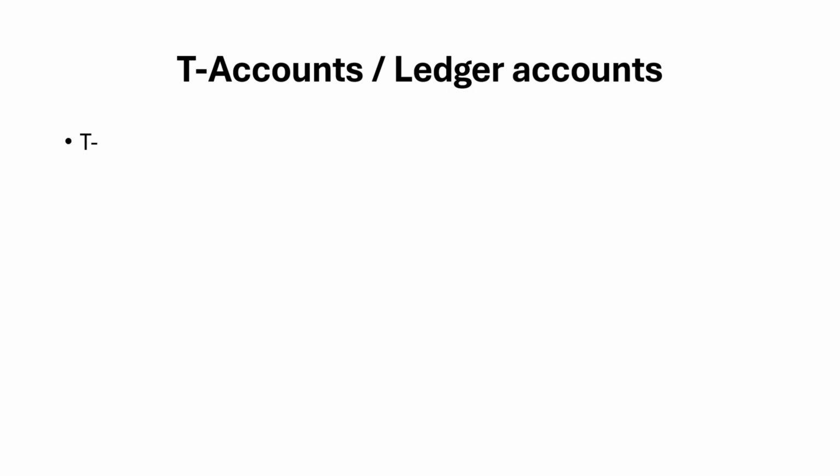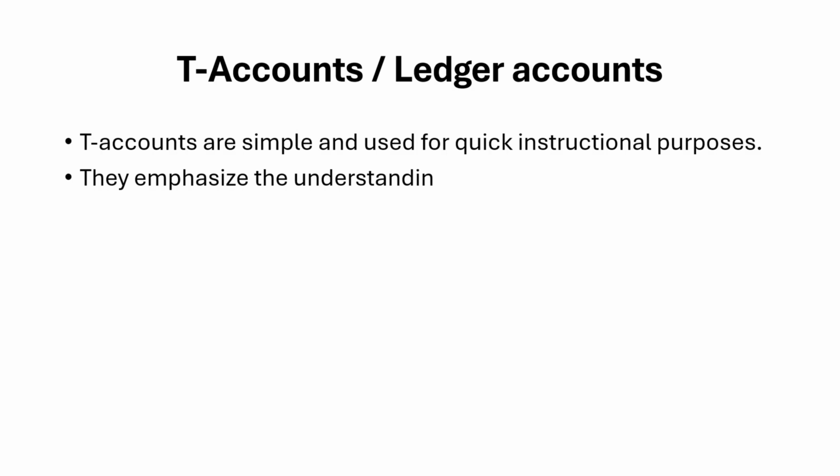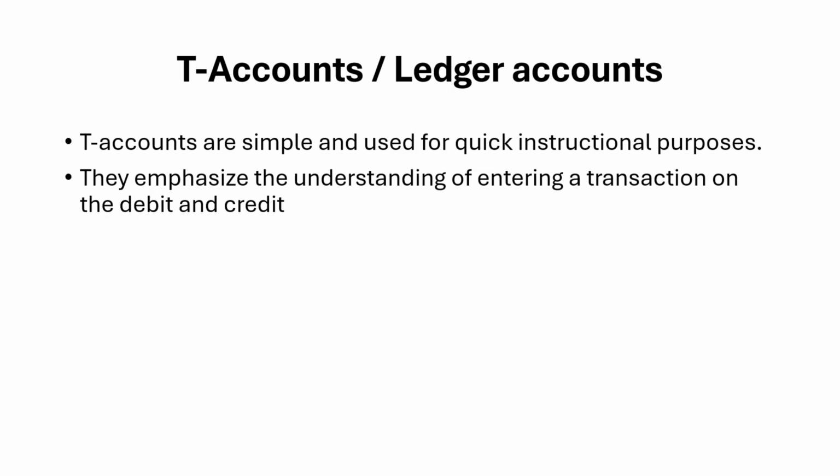Let us look at some of the key facts about the T accounts. They're simple and straightforward entries that are used for quick instruction purposes. They show an understanding of how a transaction can be entered in a general ledger where it's either debited or credited.